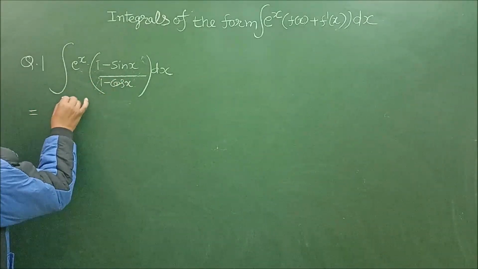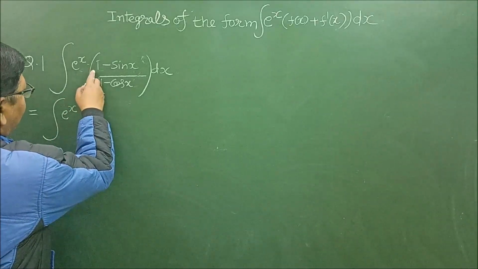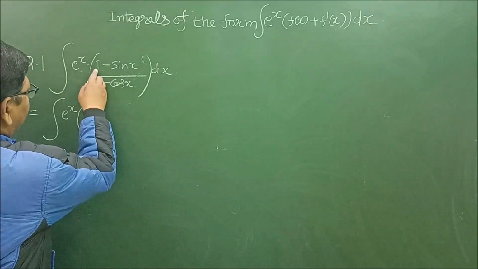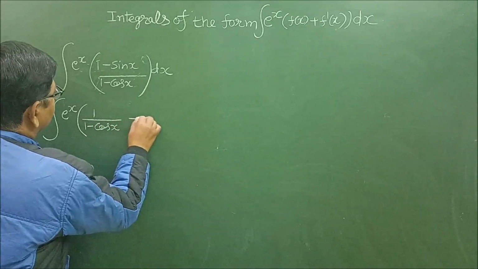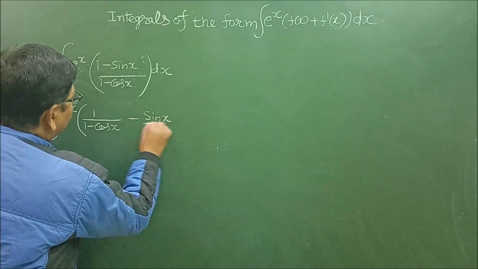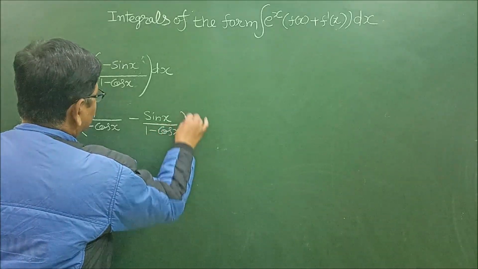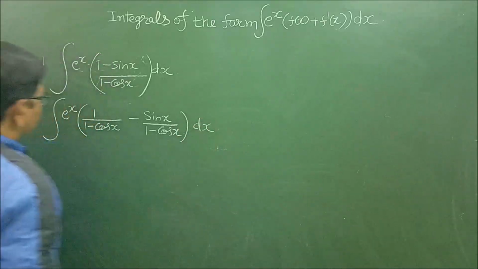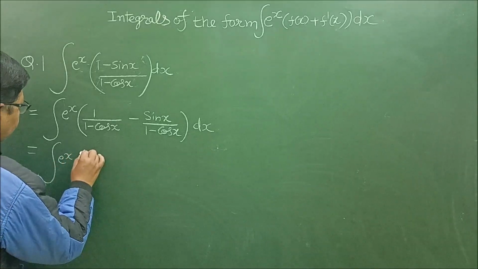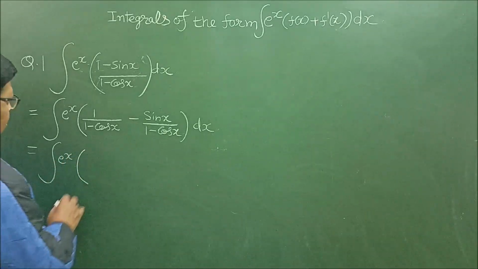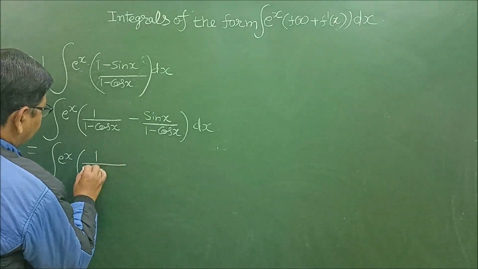Now, integral e raised to the power x, and now let us separate: 1 upon 1 minus cos x, minus sin x upon 1 minus cos x, dx, which is equal to e raised to the power x into 1 upon 1 minus cos x.